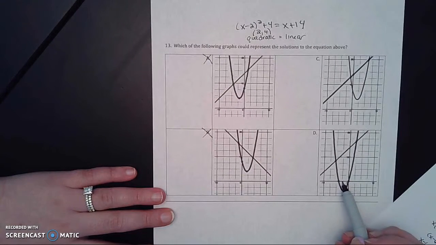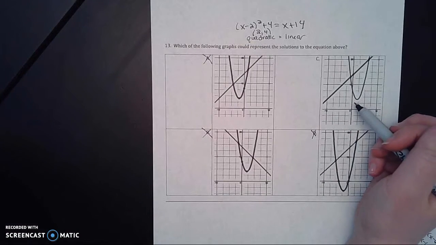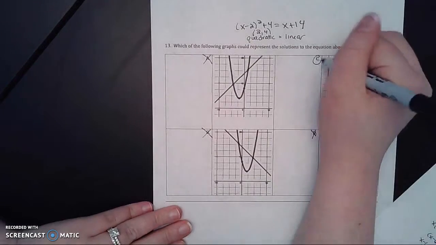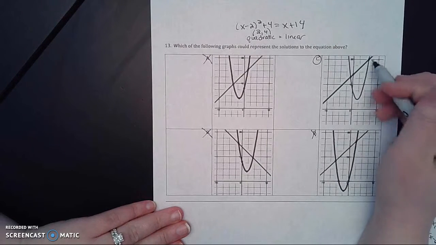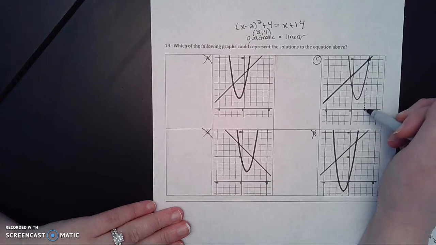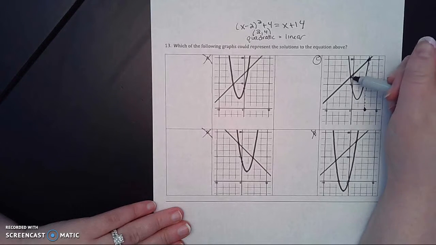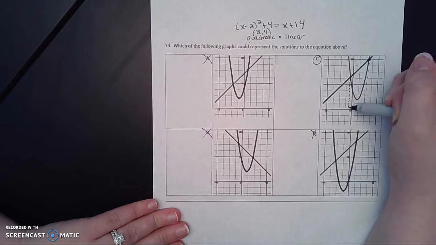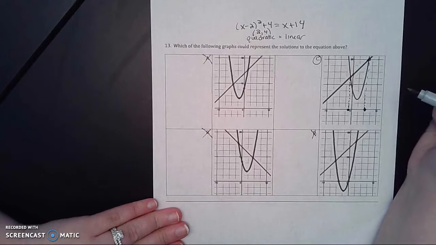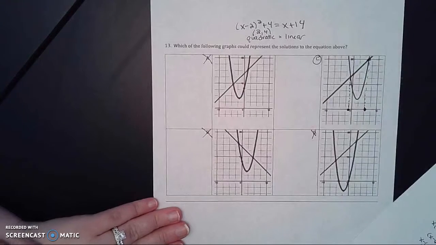This one has a negative x and a negative y, so it's not that one. So by process of elimination, this is my answer. Let's check. Let's see, it crosses here. So if I go down to see where it crosses the x-axis, I could estimate that to be 6, between 0 and 10, 6. Same thing over here, I can go down and look and see that's super close to 1, or negative 1, I'm sorry. So C is my answer.